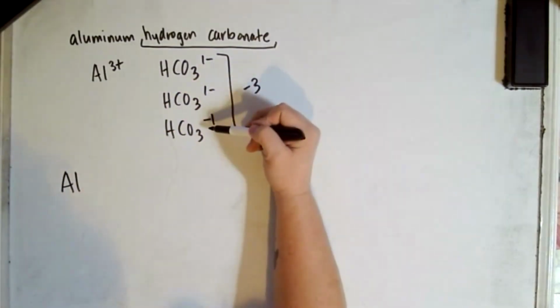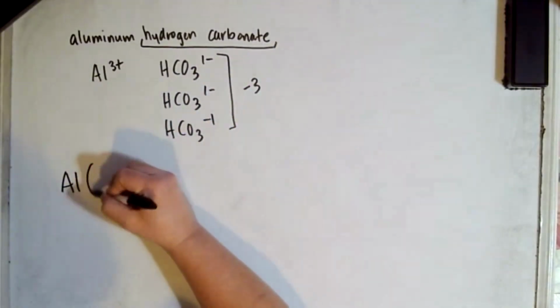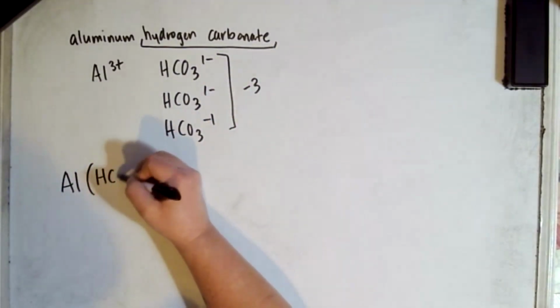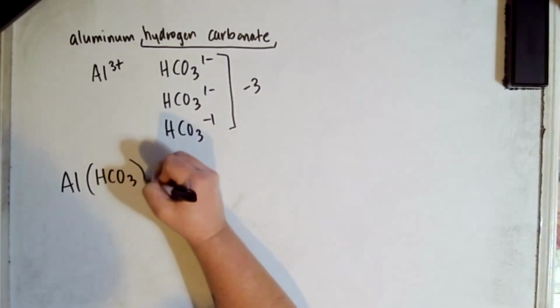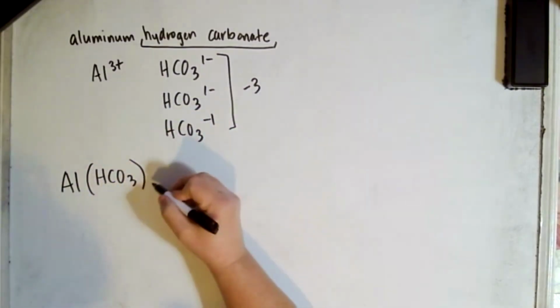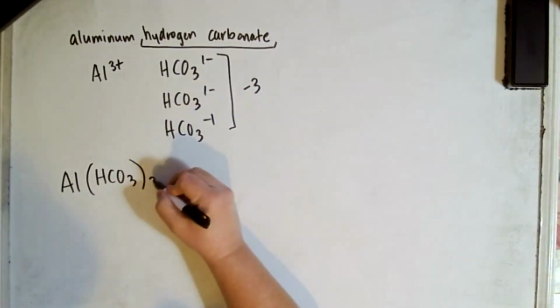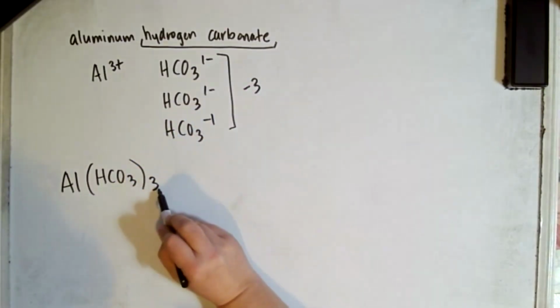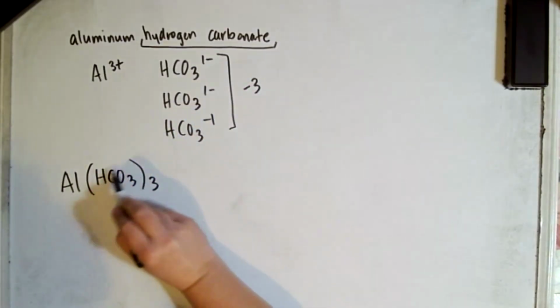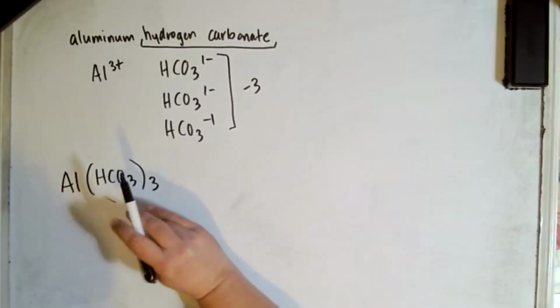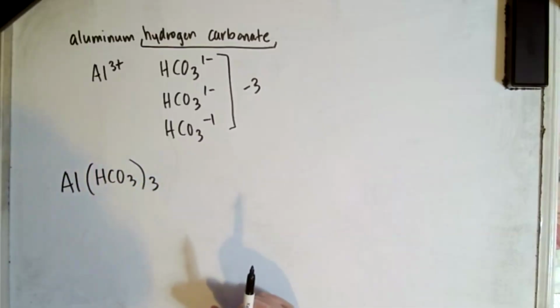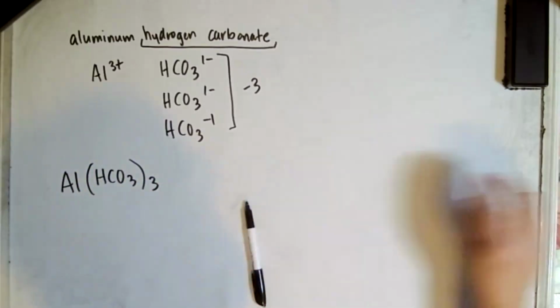I'm going to keep my hydrogen carbonate inside of these parentheses so that when I put my subscript of 3 next to it, I'm saying that I have 3 of these things. That's what my parentheses do. And that would be my formula for that.